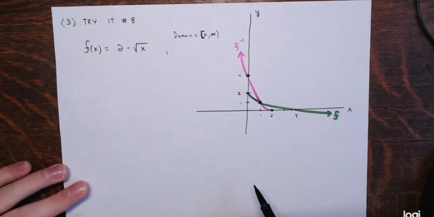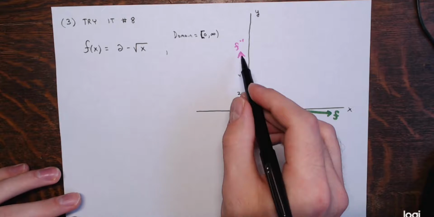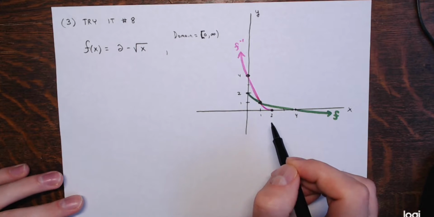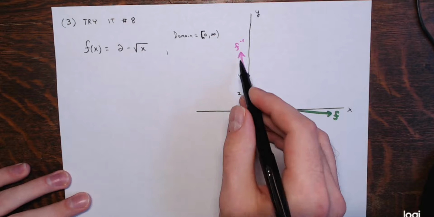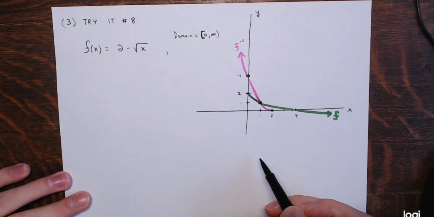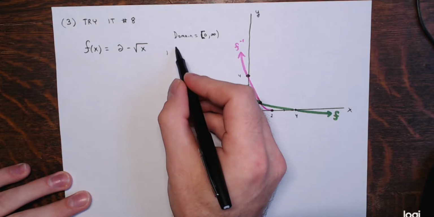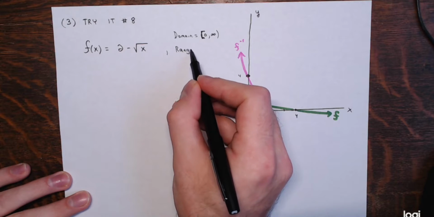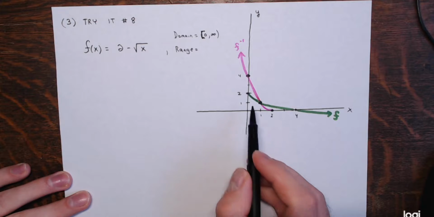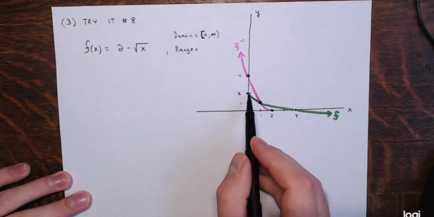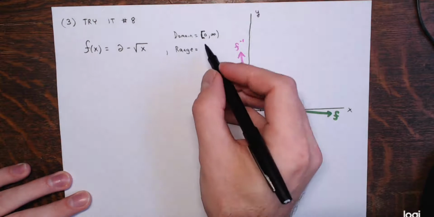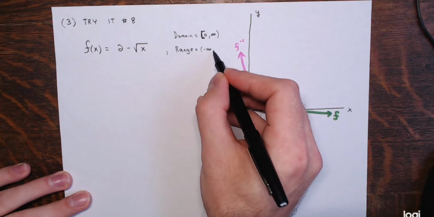Alright, now how do I find an equation for this? One thing else I'm going to point out is I know the range of this function f as well. See, the graph of f is all values 2 and lower, from negative infinity up to 2, including 2.